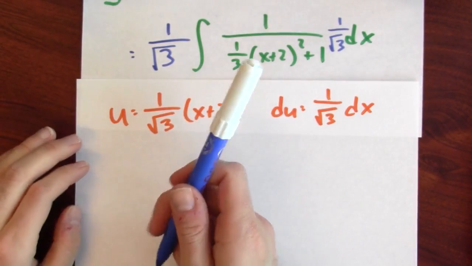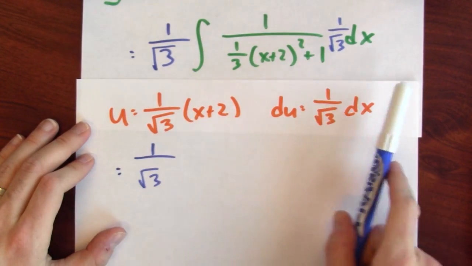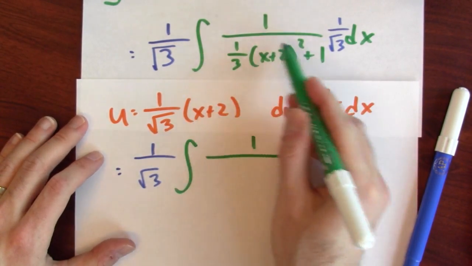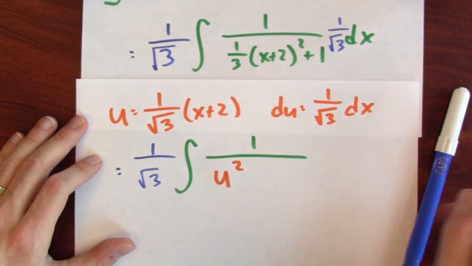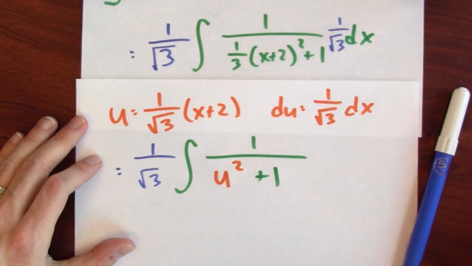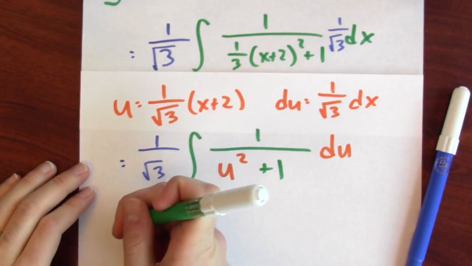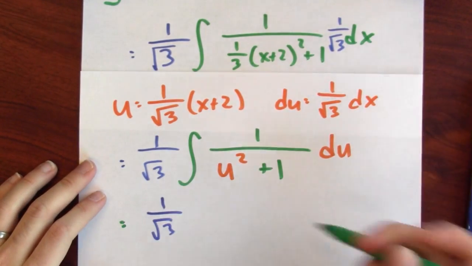So this antidifferentiation problem becomes 1 over the square root of 3. The antiderivative of 1 over this here is u squared plus 1, and this 1 over the square root of 3 dx, that is now my du. And that's arctan. So this is 1 over the square root of 3.